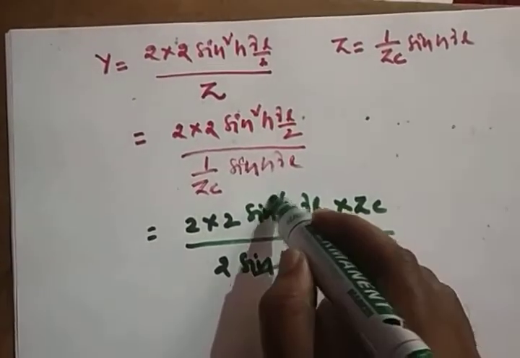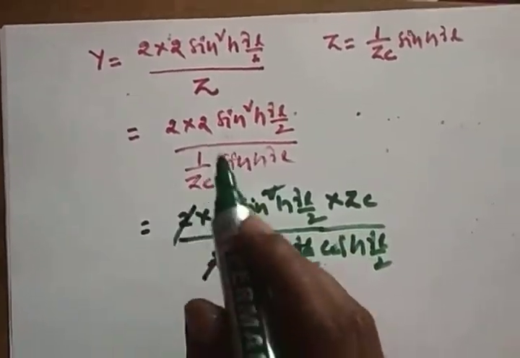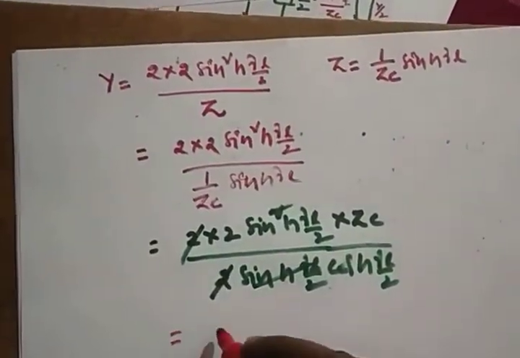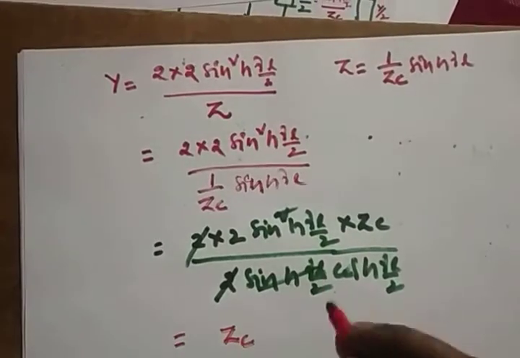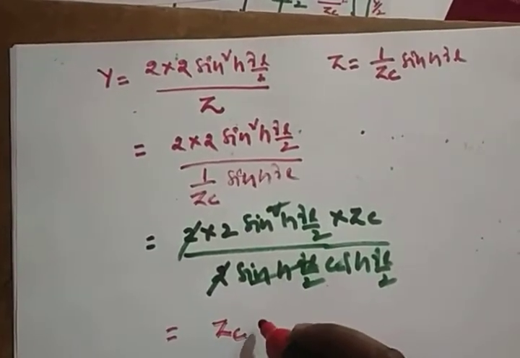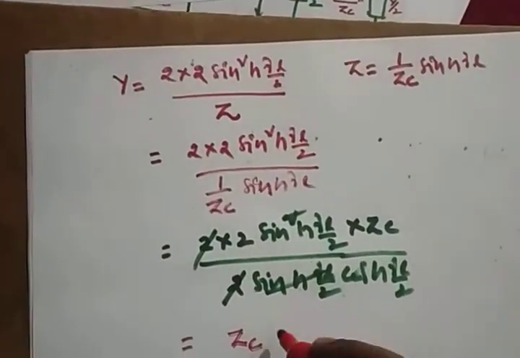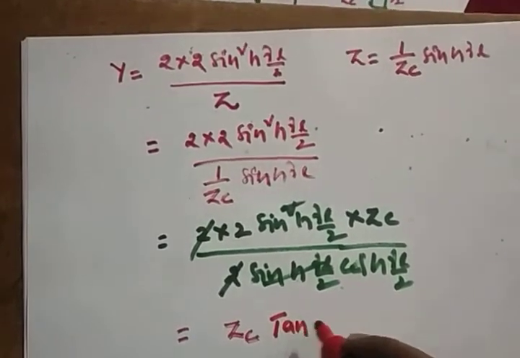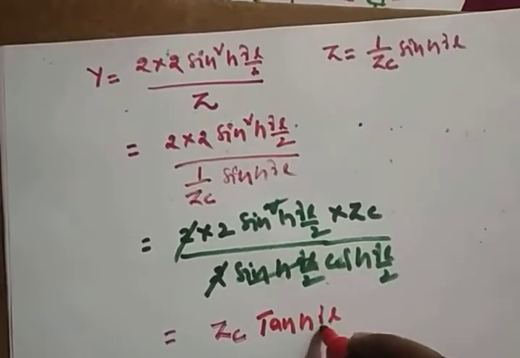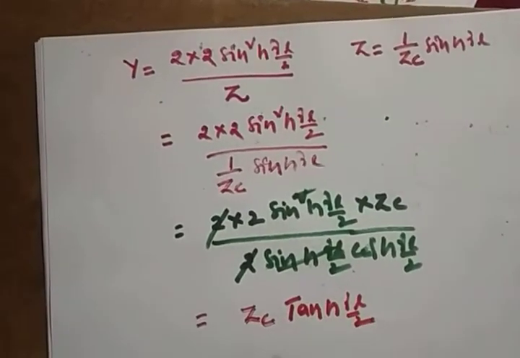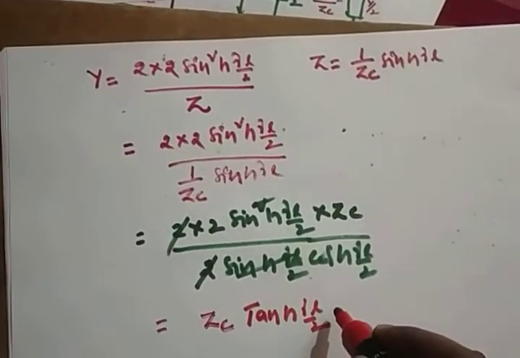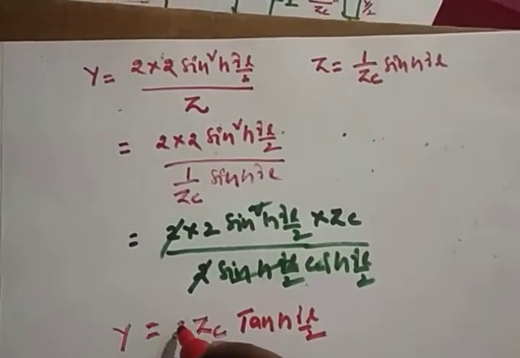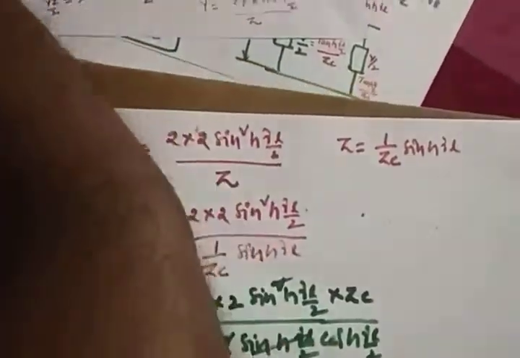So these two get cancelled, and from this you will get Zc tanh gamma L by 2, right? 2Zc is equal to y, right? So this is the value of y.